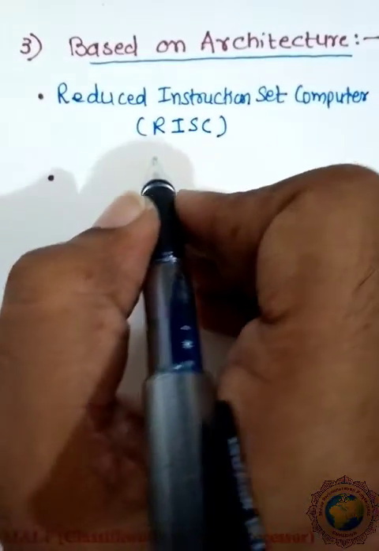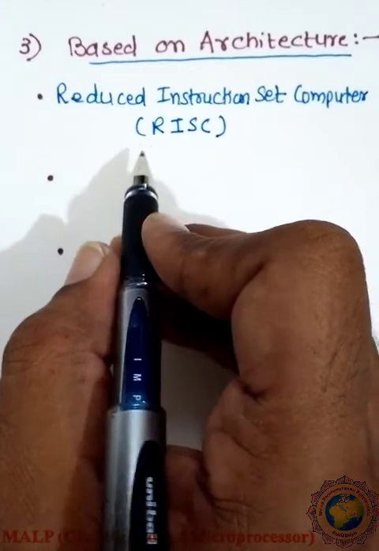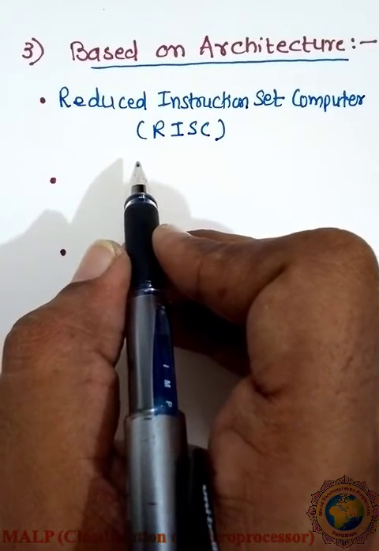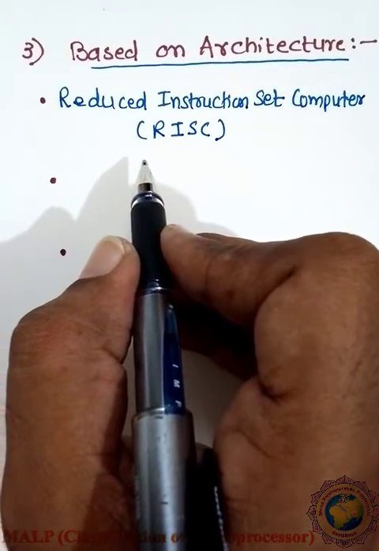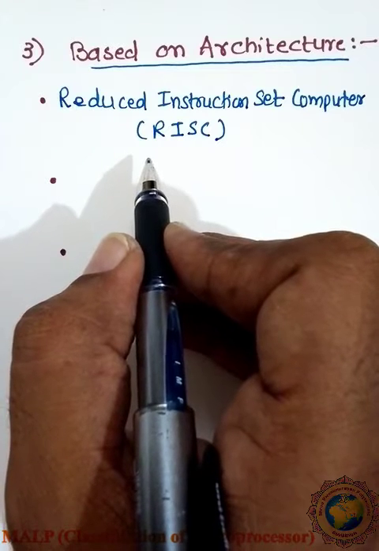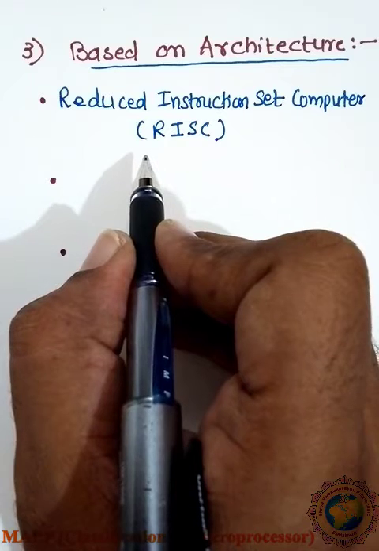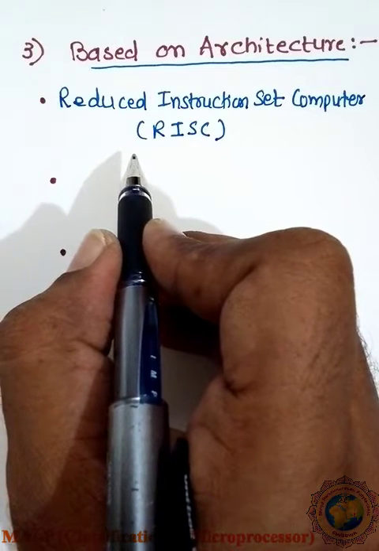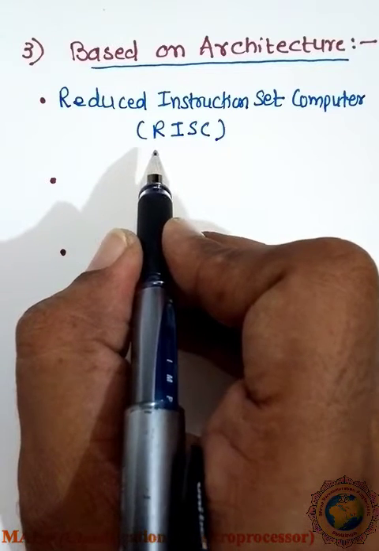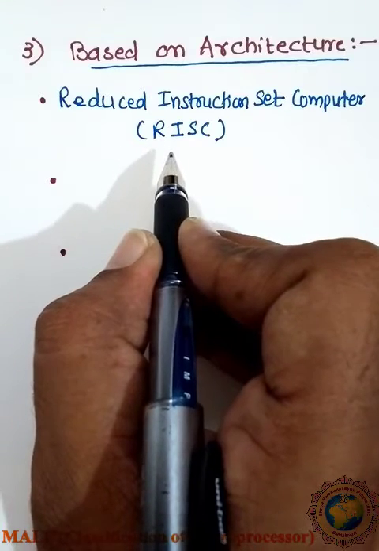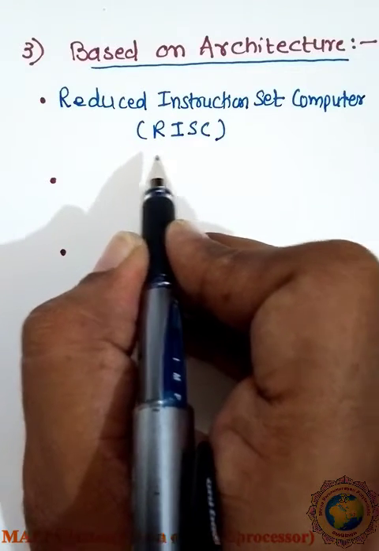RISC is a processor architecture that supports a limited or small number of machine language instructions. Once again I repeat, it is a processor architecture that supports a limited or small number of machine language instructions.